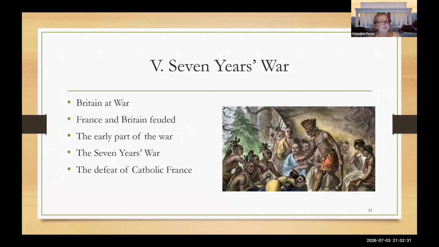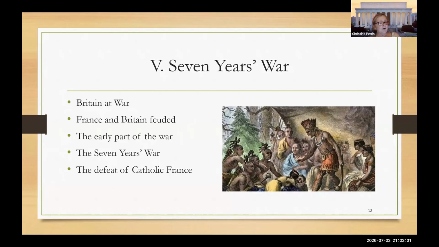So in Europe, the war did not fully begin until 1756, when British allied Frederick II of Prussia invaded the neutral state of Saxony. As a result of this invasion, a massive coalition of France, Austria, Russia, and Sweden attacked Prussia and the few German states allied with Prussia. The ruler of Austria, Marie Theresa, hoped to conquer the province of Silesia, which had been lost to Prussia in a previous war.